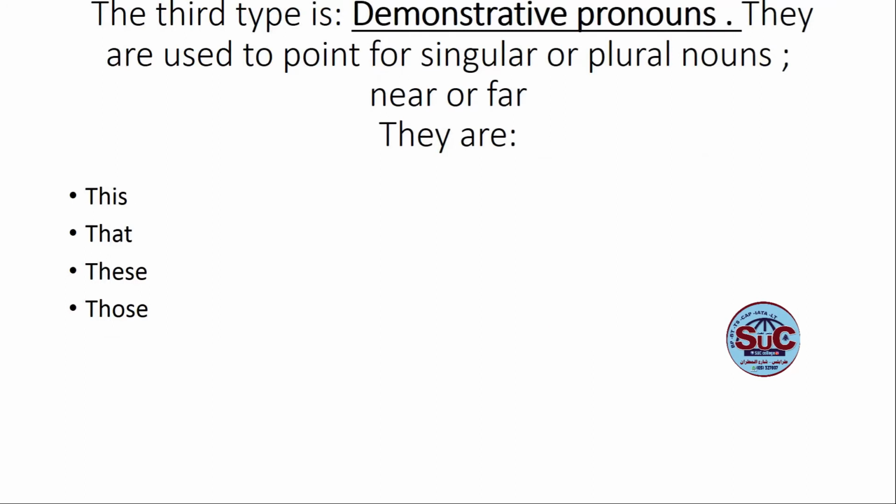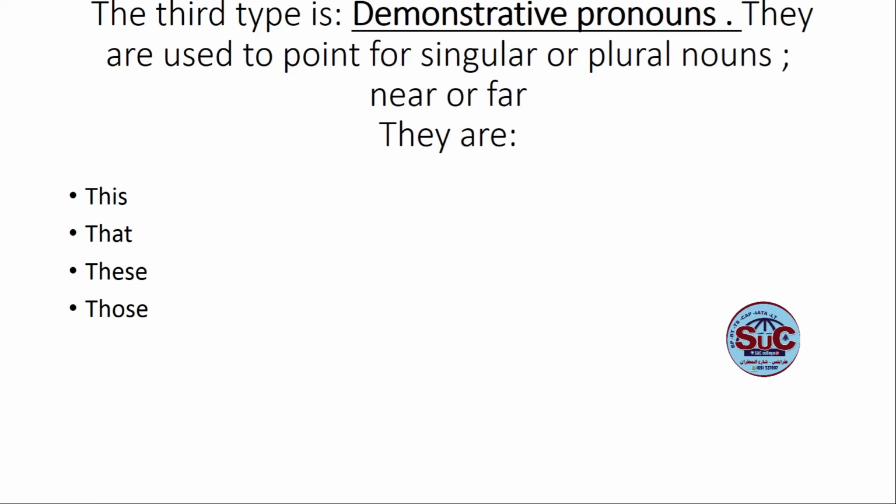Our third type of pronoun for today is the demonstrative pronoun. We use the demonstrative pronouns to point to singular or plural nouns, either near or far. We have 4 demonstrative pronouns. This refers to a singular near noun.